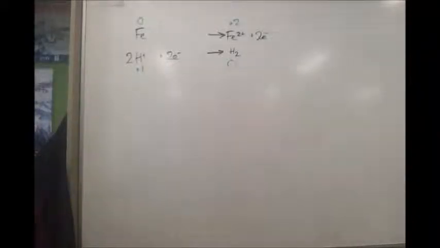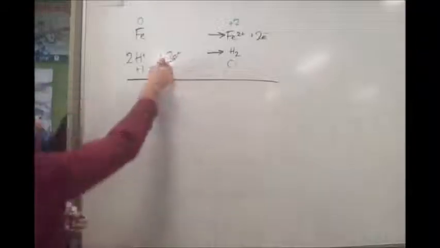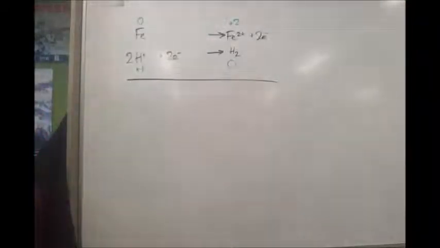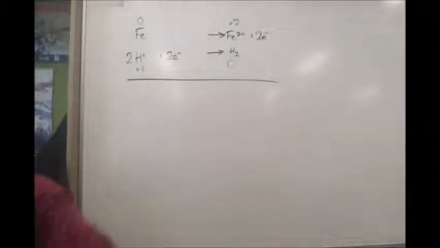Okay, my next trick is to put the two together. Well, if anything appears on the left-hand side as a reactant and as a product, you can cancel it out, so long as they're in the same ratio. I have 2 electrons here and 2 electrons here, so actually I can get rid of them. I just need to add these together.